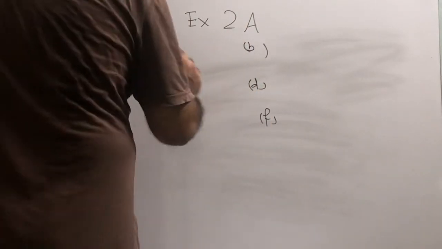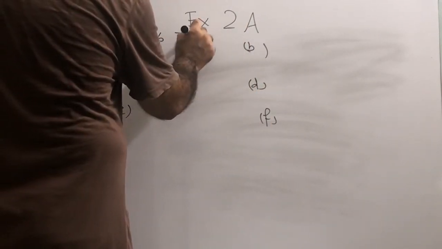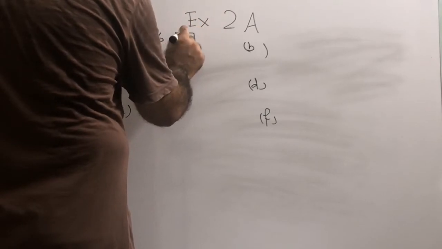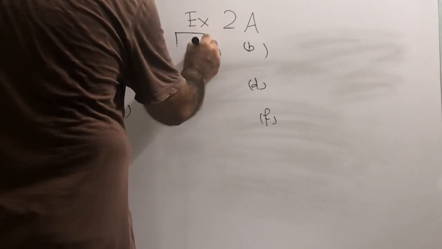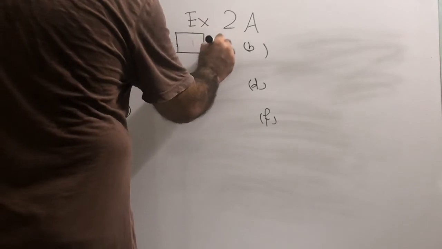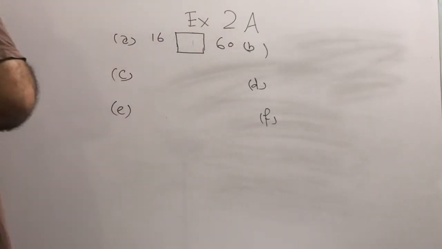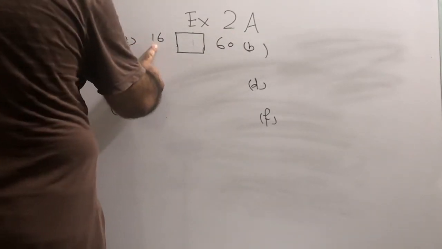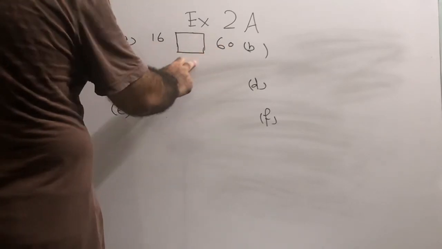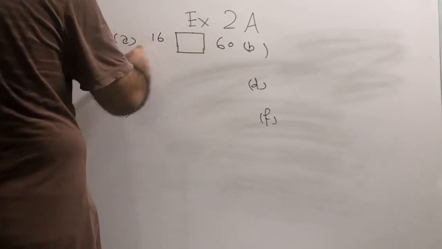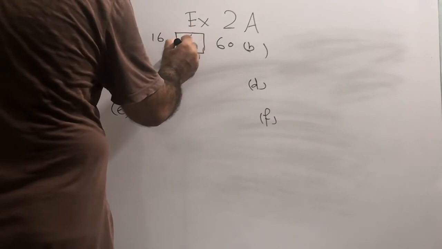A part is 16 and here we need to put the sign, that is 60. Okay, so obviously 16 is less than 60, or we can say 60 is greater than 16. So we will put this symbol.